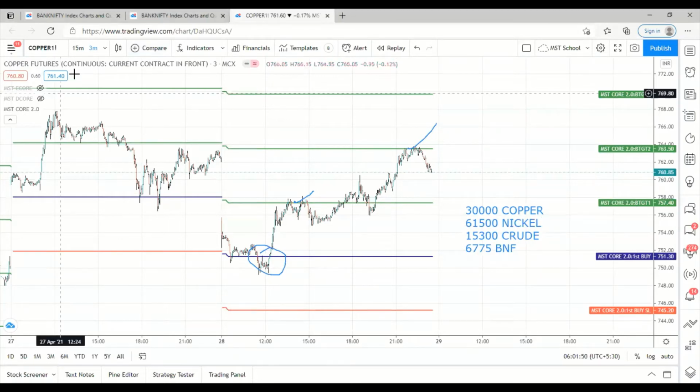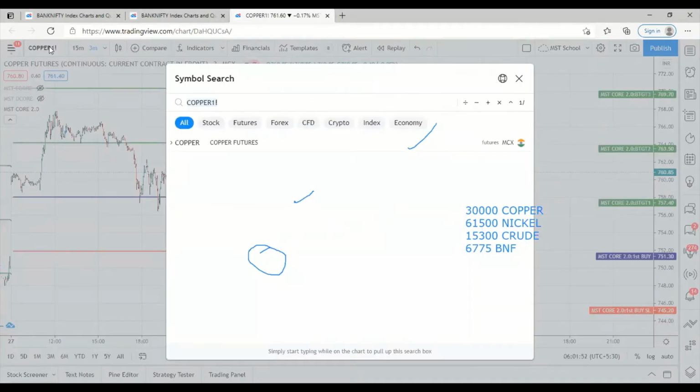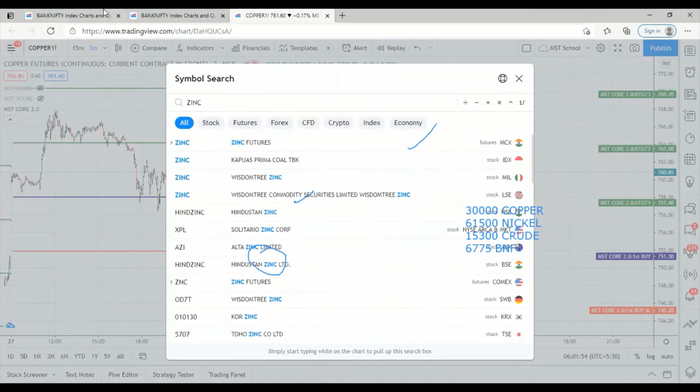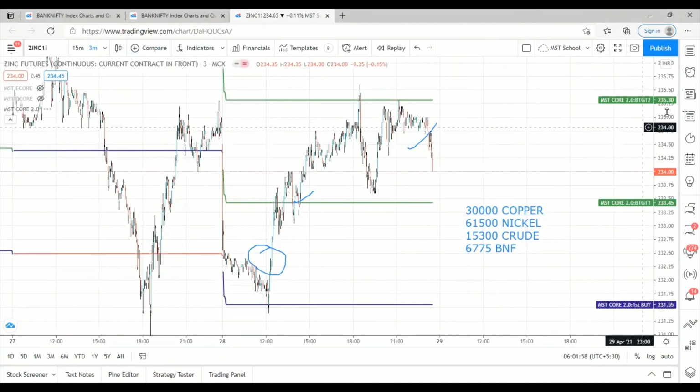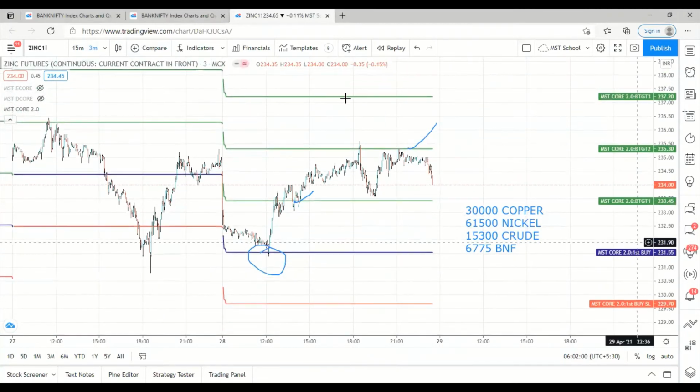Let us see the other script. What is the other script? Zinc. So zinc I will show you. Zinc, first target done. Entry here we have taken at 231.55. Exactly, entry has been triggered.